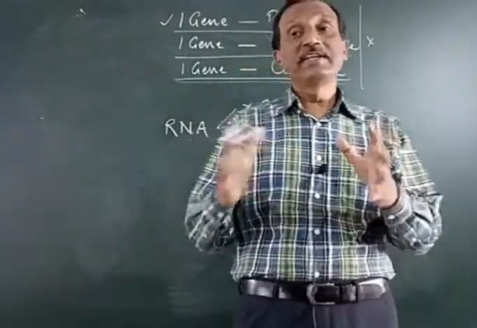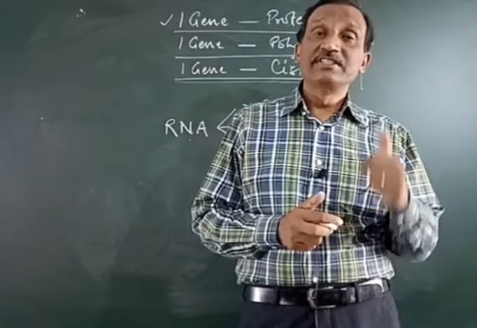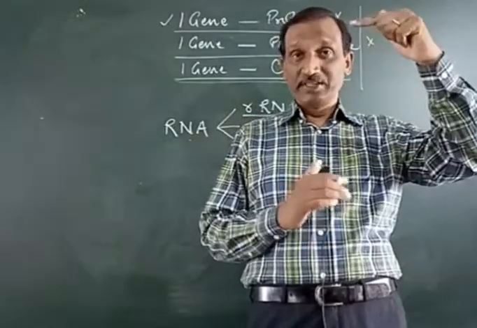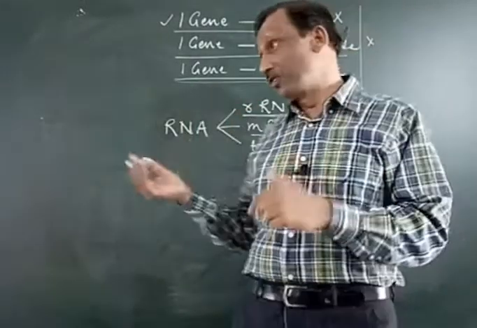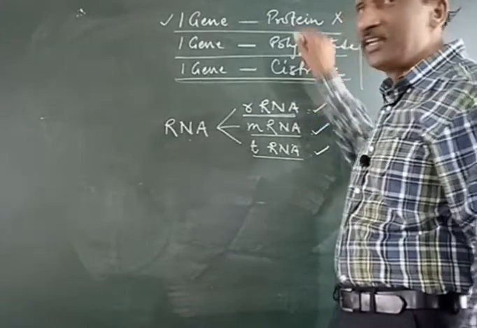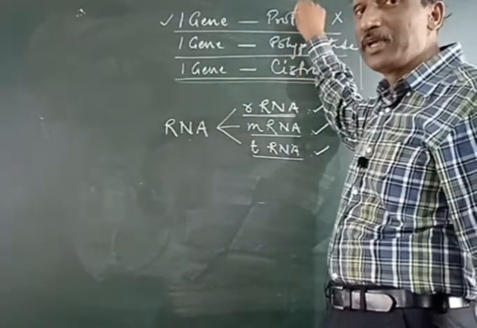That is how it is controlling things, and that is what the gene is. A gene is the set of information written on the DNA from a certain point to a certain point, which may give rise to a certain type of RNA, and not necessarily will all the RNA make a polypeptide, or a cistron, or a protein.